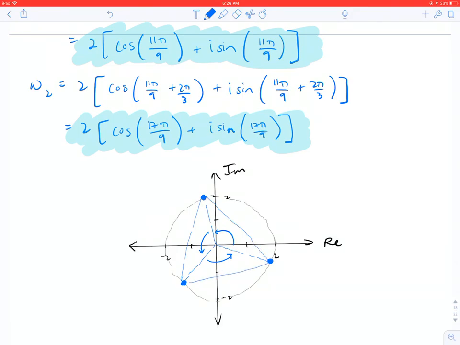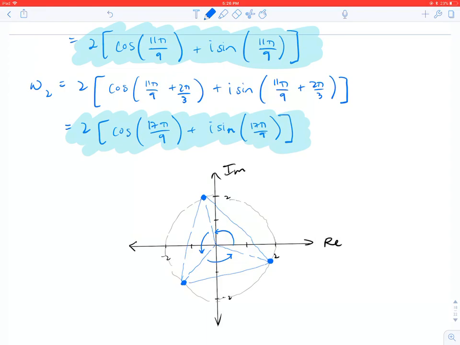And if we were to connect the points that represent the complex numbers in the complex plane, we would actually have an equilateral triangle. Now, if we wanted to find the 4 roots of a complex number, we would end up with a square, or 5 roots. You can imagine 6 roots, 7 roots, and so on.